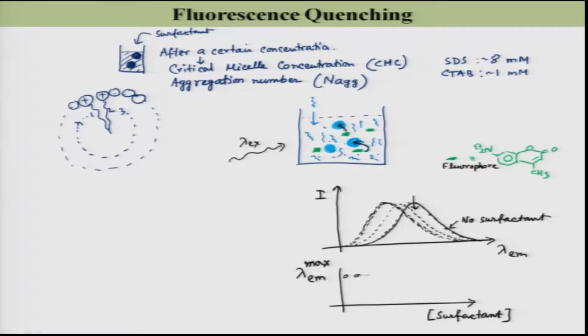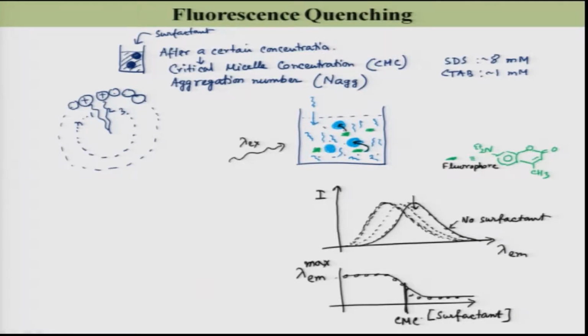So you will get such a curve, and then once there is a formation of these micelles, this value will decrease, and then it will be constant again. So from here, the midpoint is nothing but the value of this CMC.